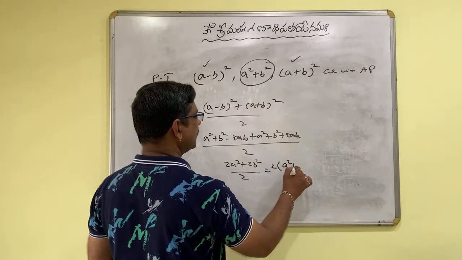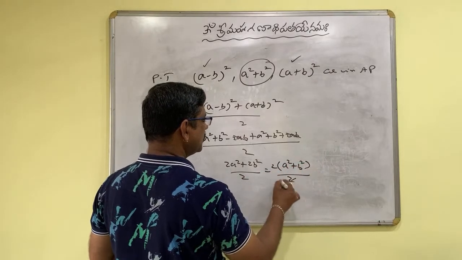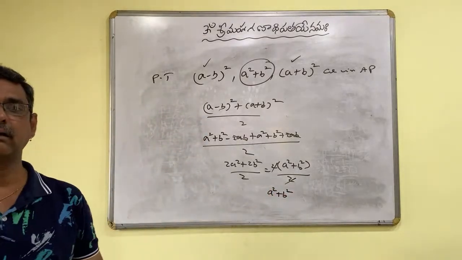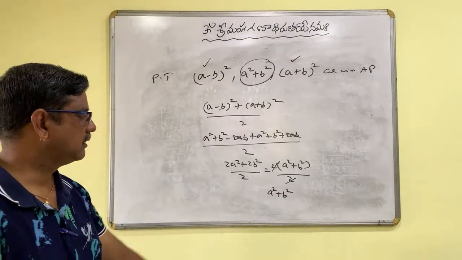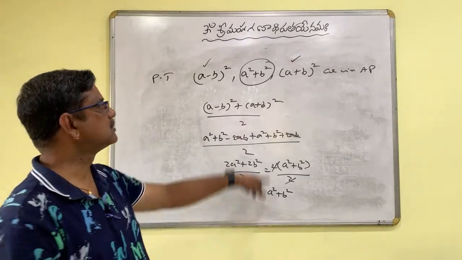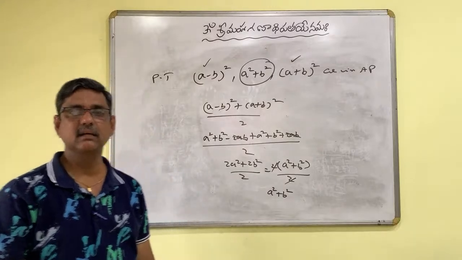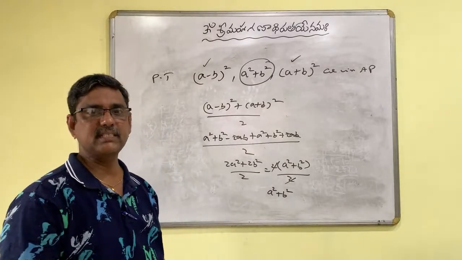Take 2 common. 2 cancel. What is remaining? A square plus B square, which is same as the middle term. Understand, children?